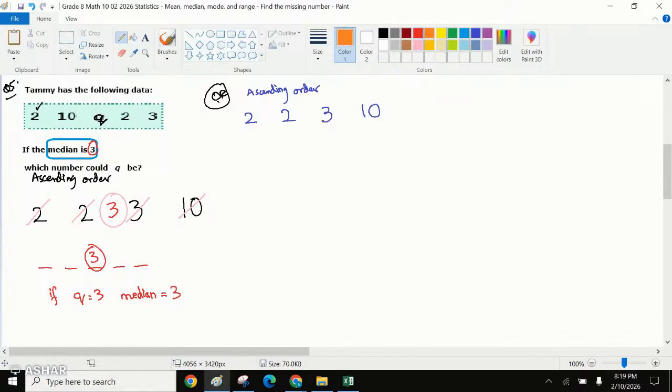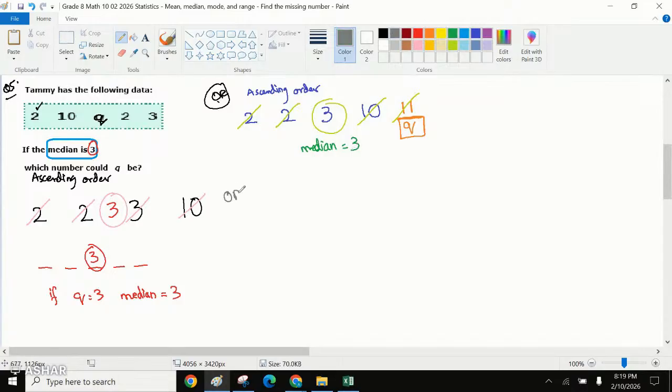But if we place Q at the end, any number greater than 10 or 10, right? Even if we take Q to be equal to 11, this is still ascending order, right? So what we do in ascending is we cancel out the numbers and the median is still equal to 3.